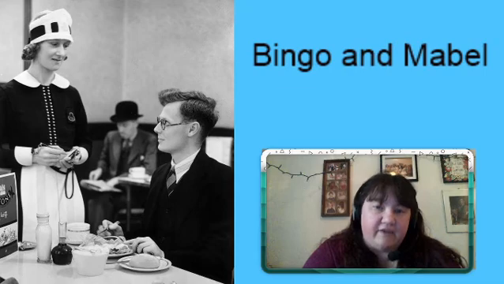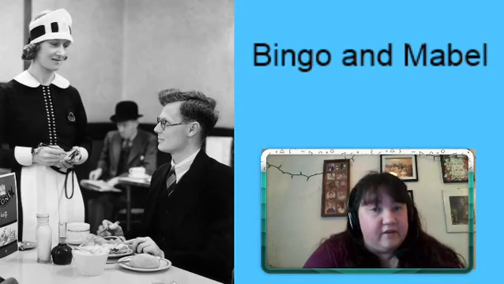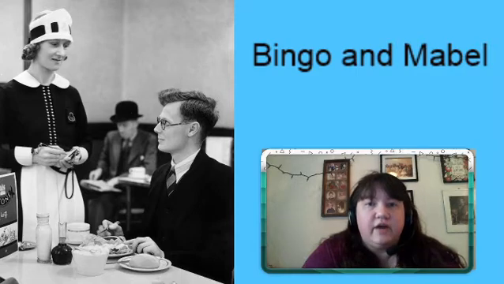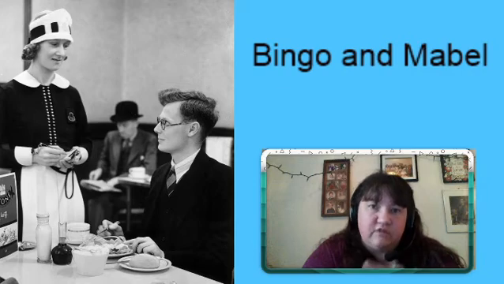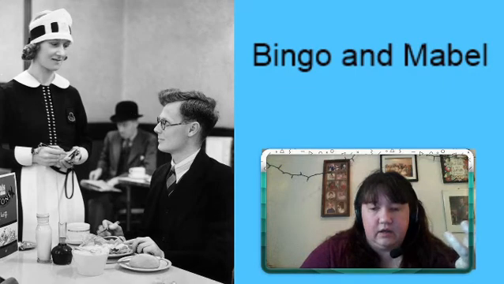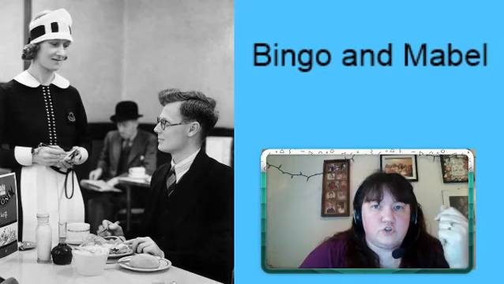So here you have a picture of a young man who's not unlike Bingo, and a young waitress who's probably not unlike Mabel. P.G. Wodehouse based this tea room, which is basically a chain of inexpensive restaurants, on a really common chain of tea rooms called the Lion's Corner Houses.